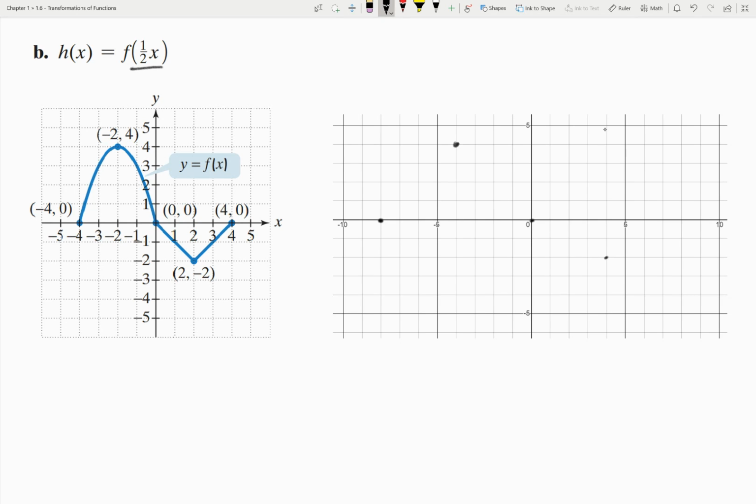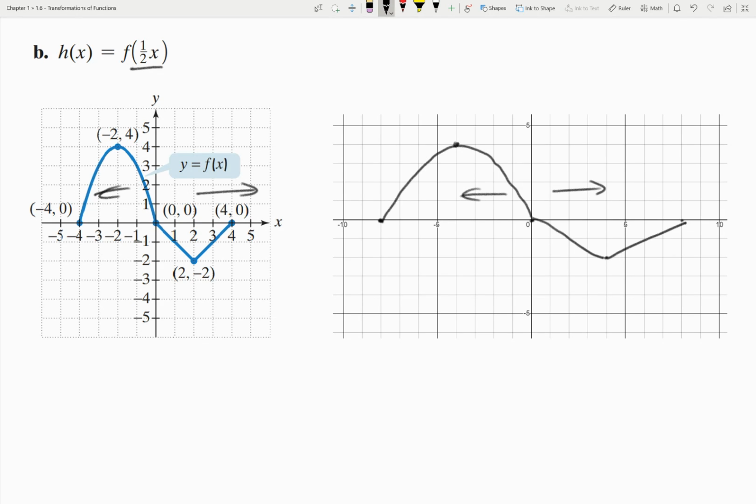And finally, 8, 0. And so now my graph looks like this. And what happened is now it pulled it out. It pulled the graph away from the y-axis. The intercept stays the same, but the other points shift.